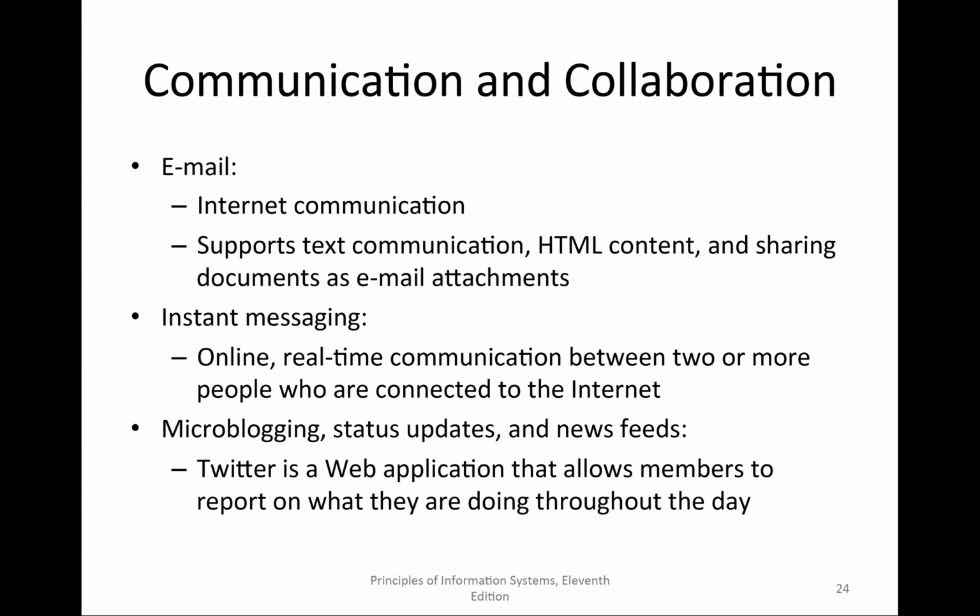Instant messaging, if you need some information urgently or need to ask something urgently, is more preferred. And microblogging can be used to share information quickly with other stakeholders, not just employees but society as well.